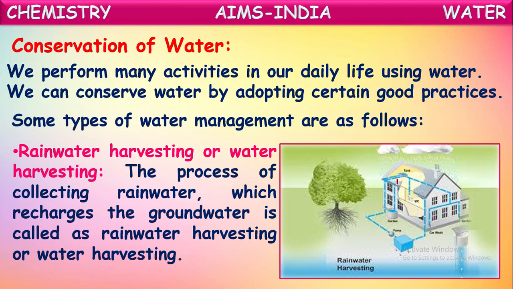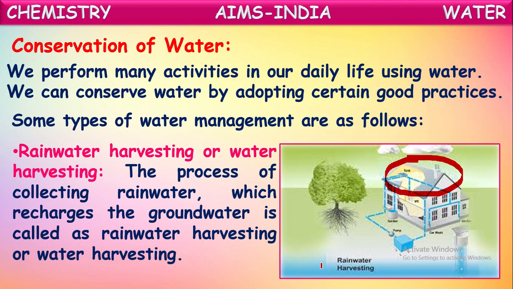When it rains, that water coming from the sky will be collected through different systems and will be sent into the sink pits. There, water will enter into the ground so that the groundwater level increases. Okay, this is called rainwater harvesting, preserving the rainwater instead of leaving that to flow unnecessarily.